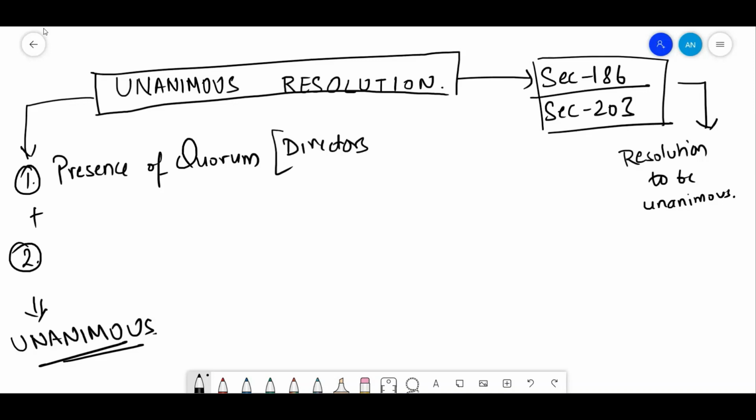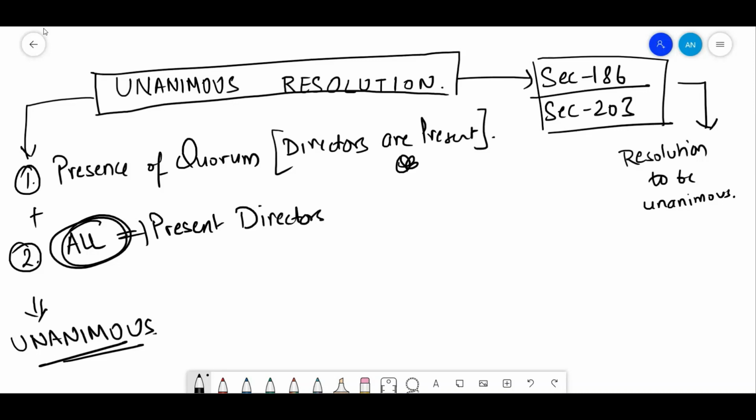Directors are present. Quorum is there. All right. And all directors who are present are in favor.